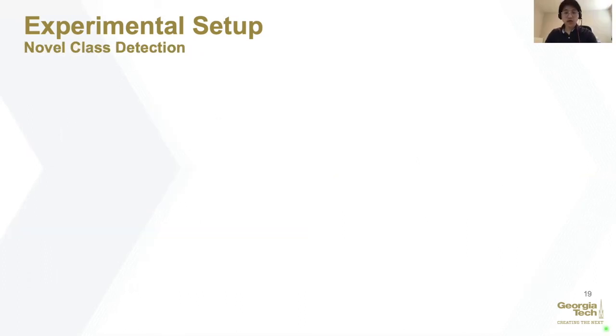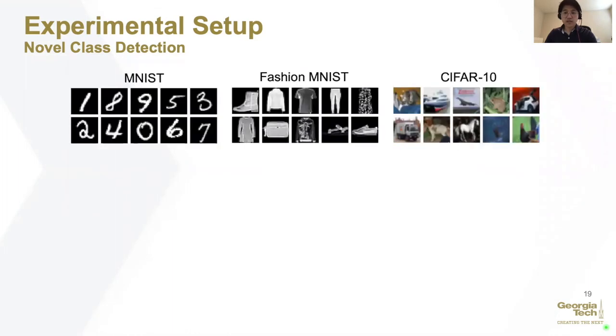We validate the proposed gradient features in two novelty detection tasks. The first one is novel class detection. The goal of this task is to detect whether samples are from a learned class or not. We validate on three different benchmark image recognition datasets, which are MNIST, Fashion-MNIST, and CIFAR10.